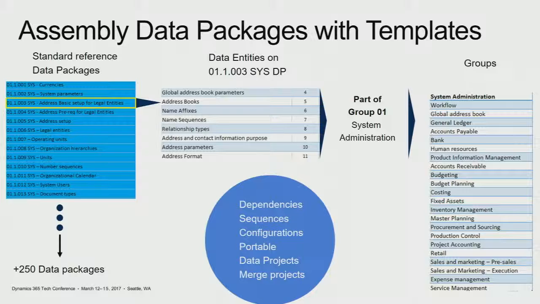So you can make sure you are including all the data you need in order to load main accounts successfully. Also, sequencing can be done in the templates as well; we're going to show you some techniques for sequencing.